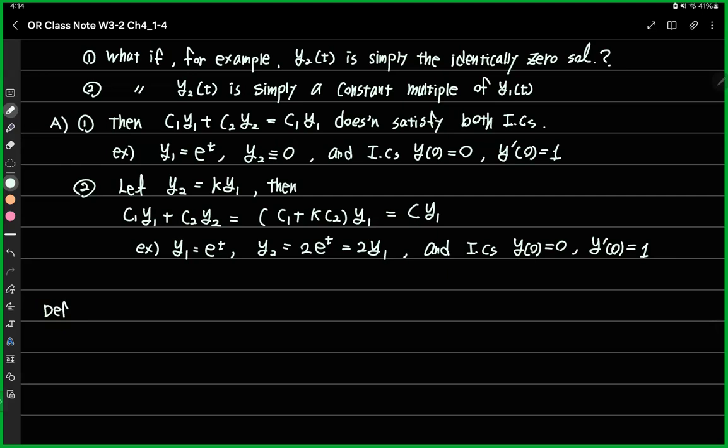Here's the definition. This is the linear independence of two functions. A pair of functions, y1 of t and y2 of t. What does that mean?